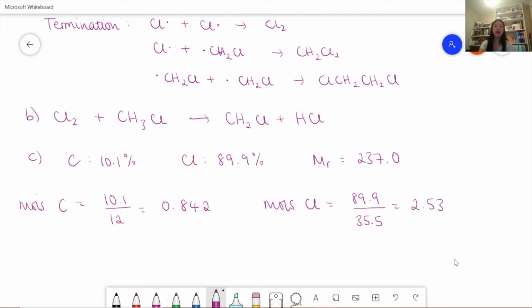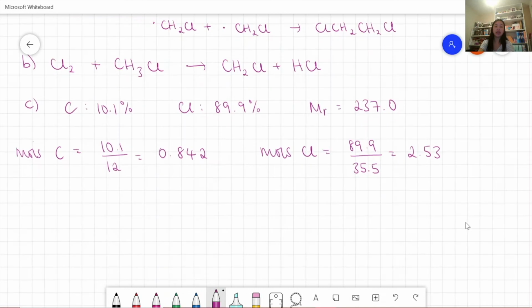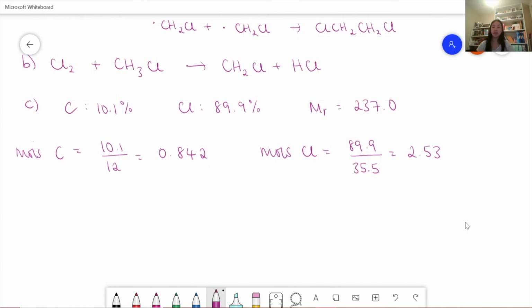And so the molar ratio between carbon and chlorine is 0.842 to 2.53. And now what we can do is divide them both by this 0.842, so we get the ratio 1 to something else, so they're easier numbers to look at.